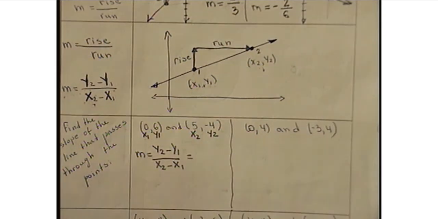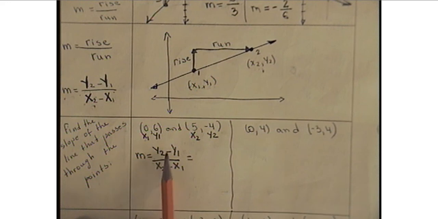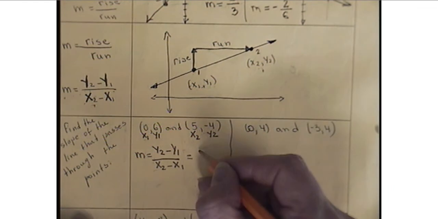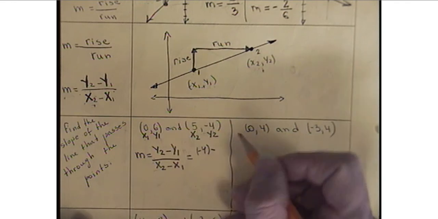So we always begin with the actual formula, and now we're going to substitute each one of those variables with the numbers given in the problem. So y2 is negative 4 minus y1 is 6.